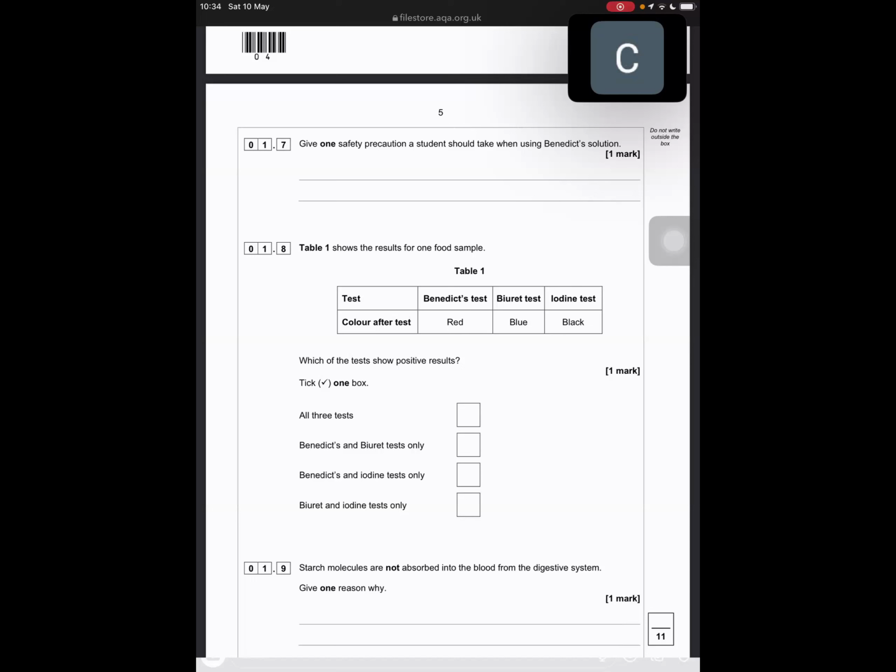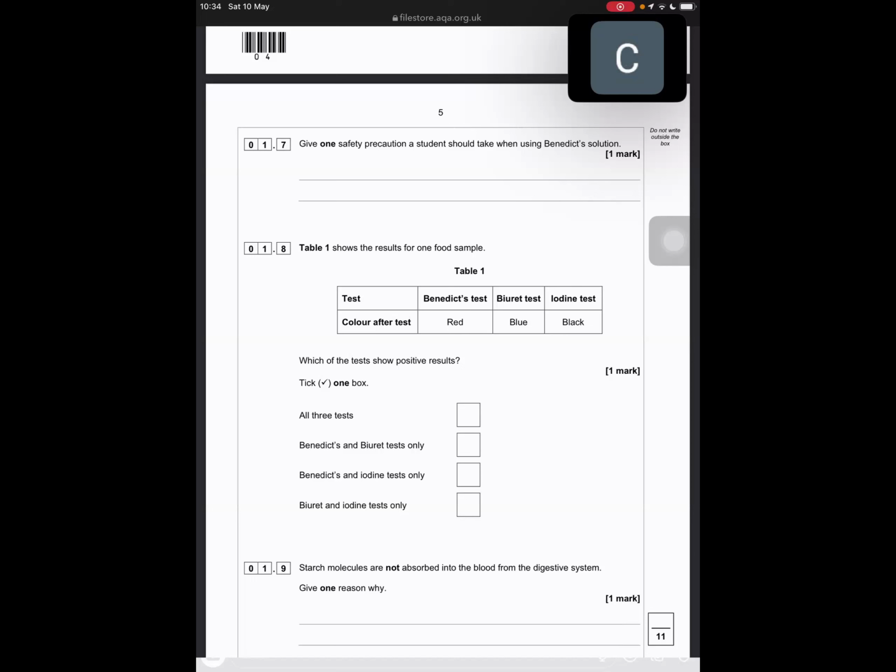Let's see. I'll go with the iodine test because iodine tests for the presence of starch in a sample. If iodine touches that sample, it should turn from brown to blue-black. So I'll go with iodine.